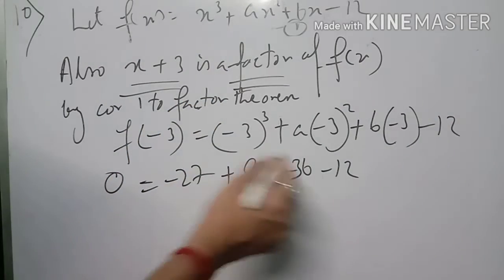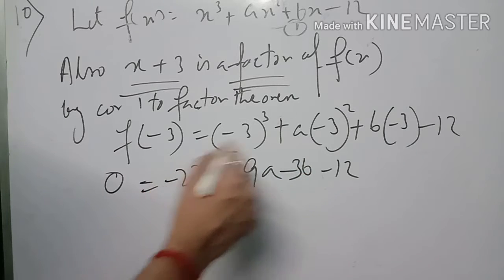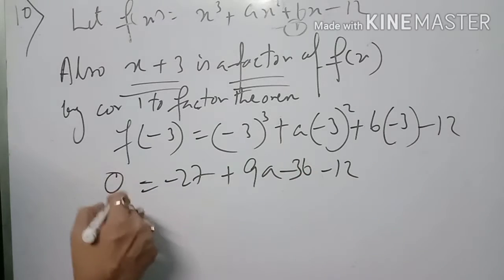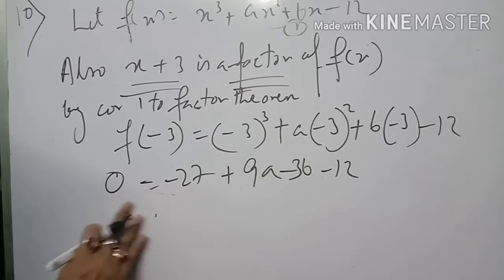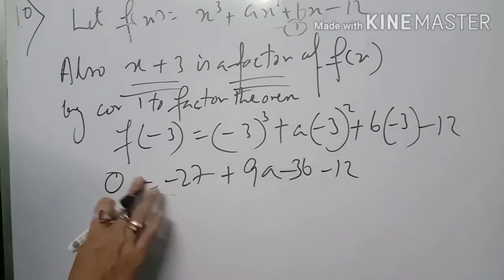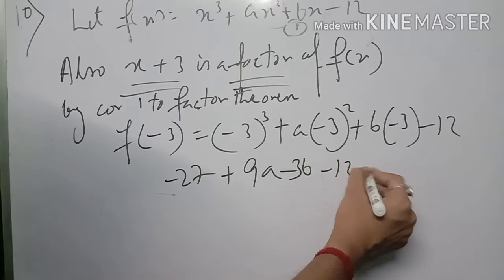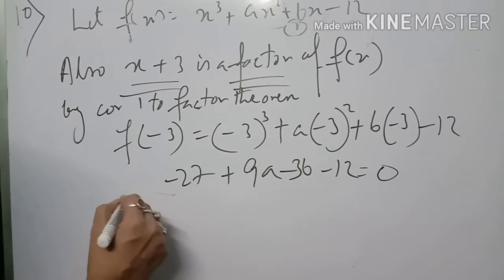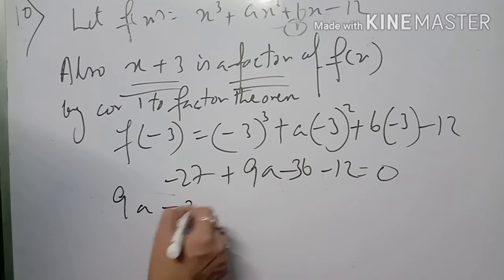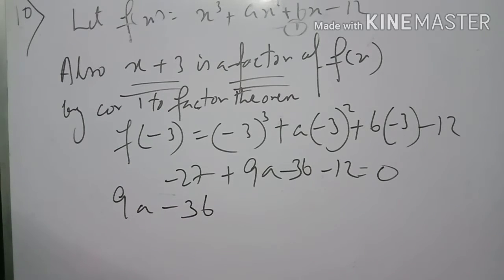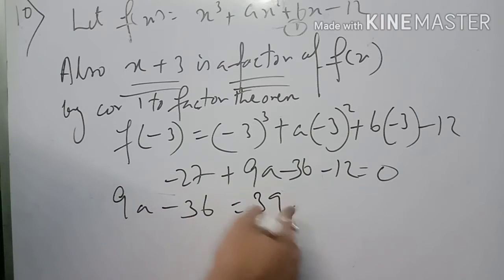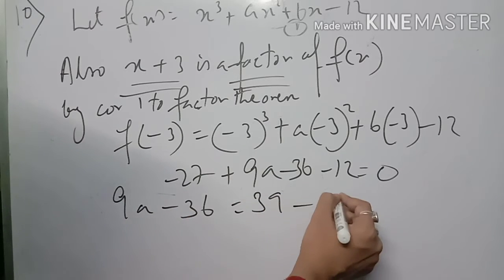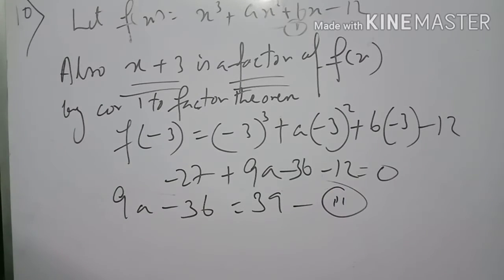So let us sum it up: minus 27 minus 12 is minus 39. For our benefit, I'm going to put 0 this side. So it will become 9a minus 3b equals 39, and we are going to term it as equation number 3.